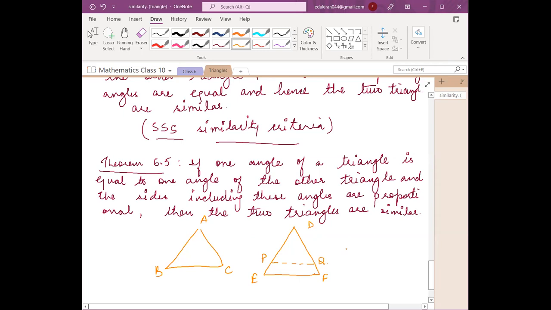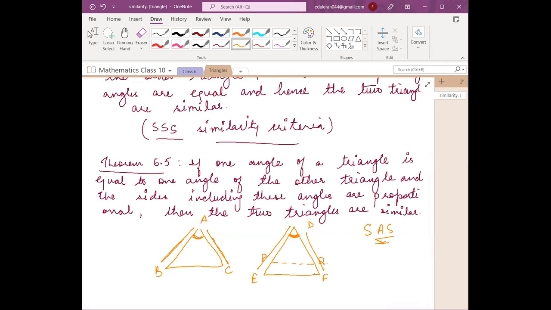So let's say angle A is equal to angle D, and the sides including the angle, so that means these sides, AB and AC, not the BC one. Similarly, your DE and DF, like that. So the angle formed between these two lines, and similarly the angle formed between these two lines, both are equal, and these sides are proportional, then the triangles are similar. So this criterion is also known as SAS. Understood? So these are the three criteria for similarity of triangles.